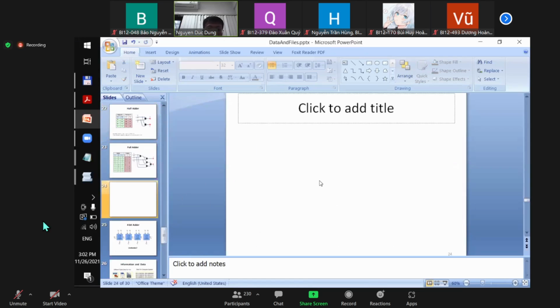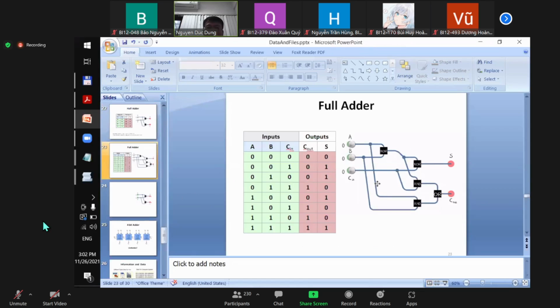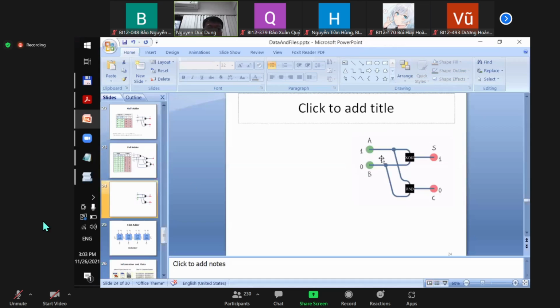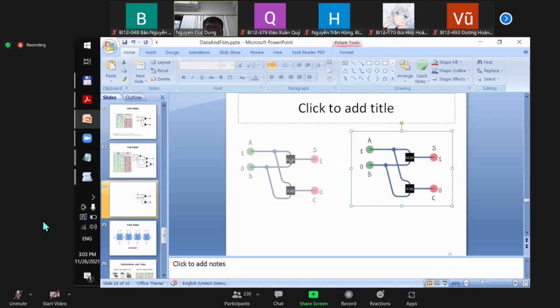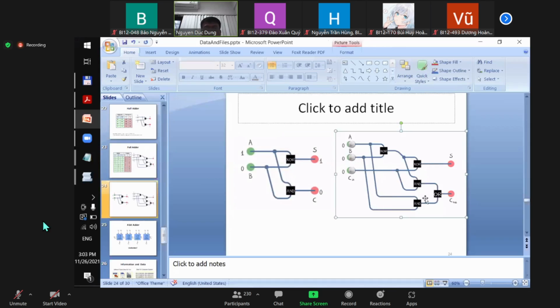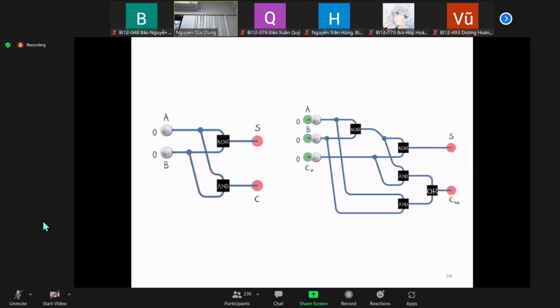You could compare the half adder and the full adder in the same slide. You will see that the half adder has 2 logical gates, XOR and AND, and the full adder requires 1, 2, 3, 4, 5 logical operators.